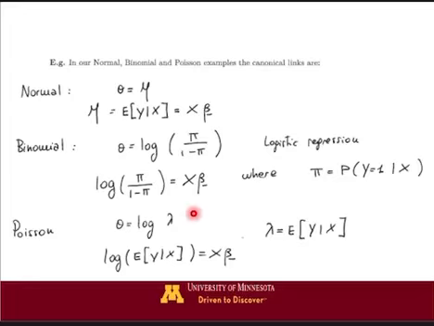When I talk about the exponential family, what distributions am I talking about? I'm talking about Bernoulli, binomial, normal itself, exponential, Poisson, and gamma distributions. All of that actually falls in the exponential family.